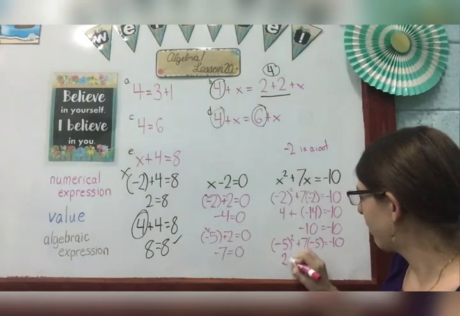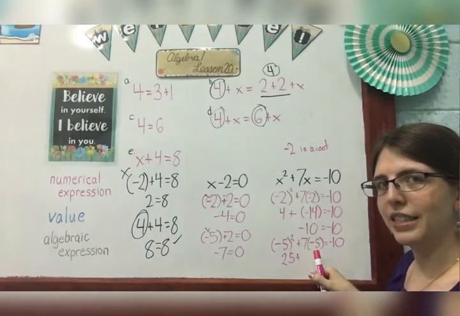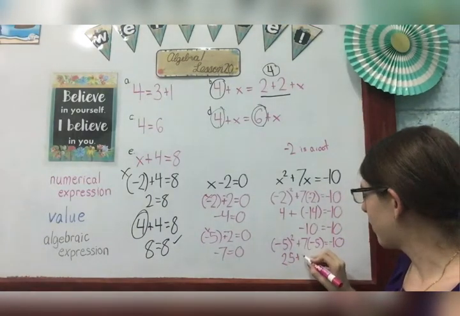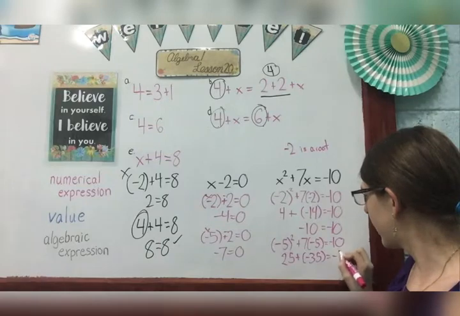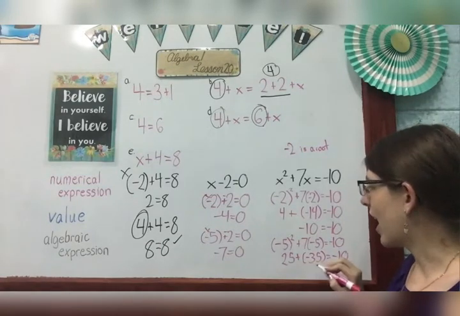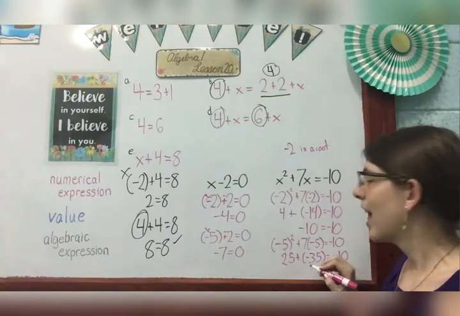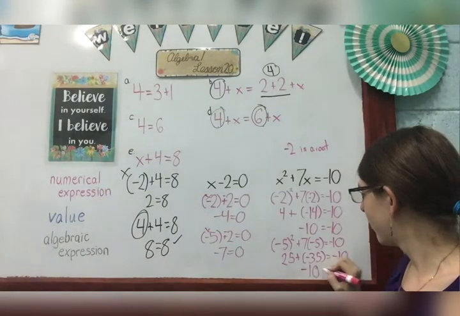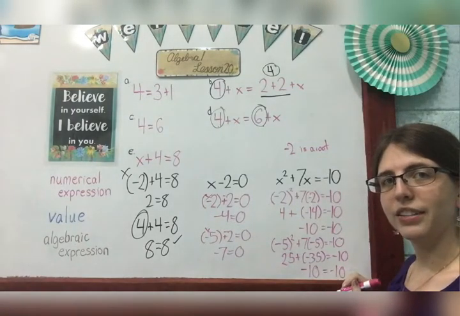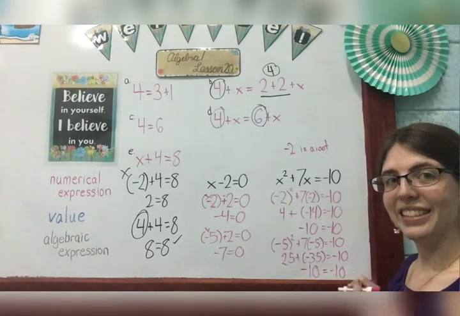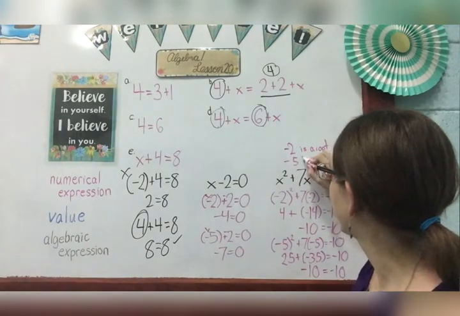Positive 25. 7 times negative 5 is negative 35 equals negative 10. Positive 25 plus negative 35 would be a negative 10. So does negative 5 satisfy the equation? Yes, it does, because you ended up with negative 10. So negative 5 is a root.